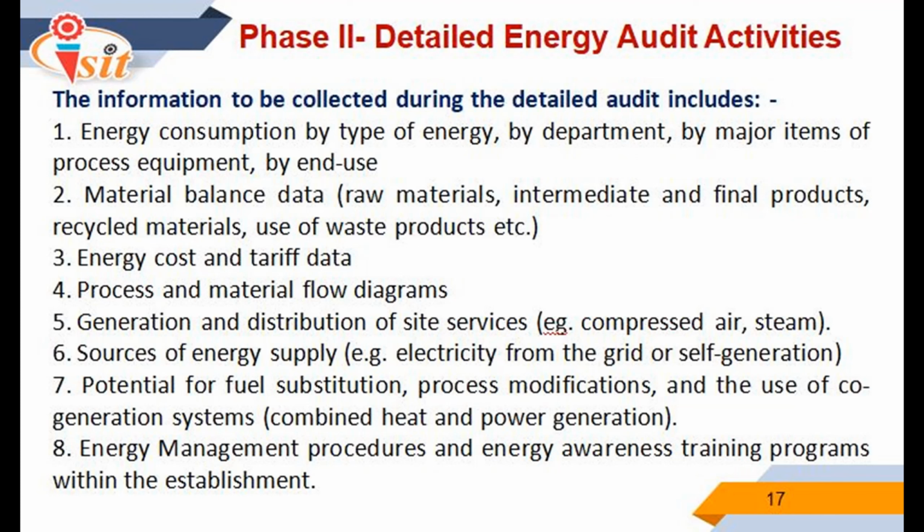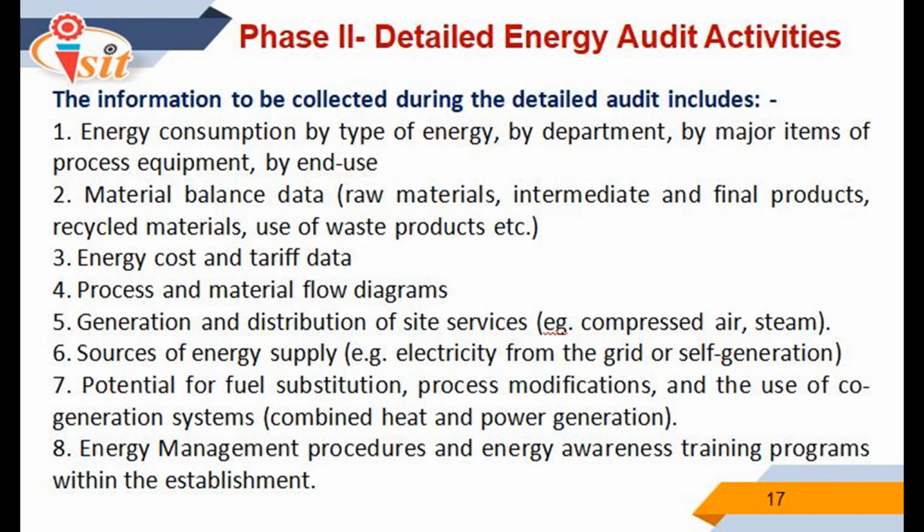The energy report should conclude with specific recommendations for detailed energy studies and feasibility analysis, which must then be performed to justify the implementation of those energy conservation measures that require investment.